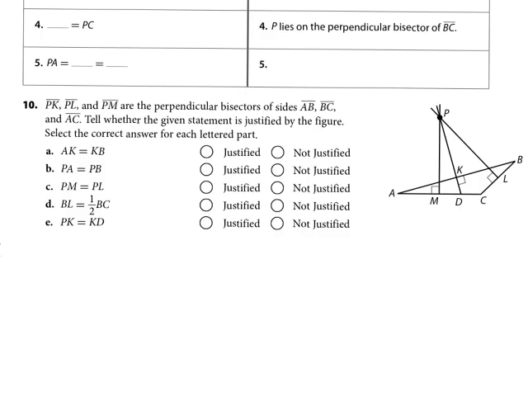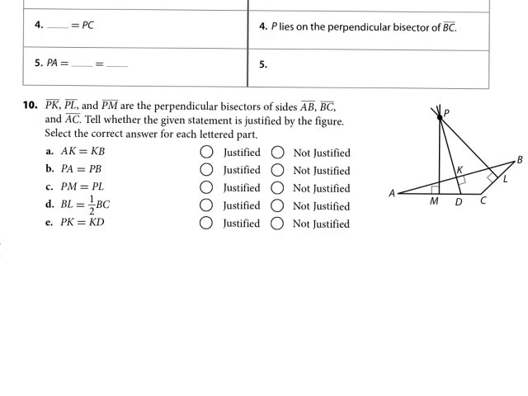Okay, in this problem, PK is the perpendicular bisector of AB. PL is the perpendicular bisector of BC. And PM is the perpendicular bisector of AC.